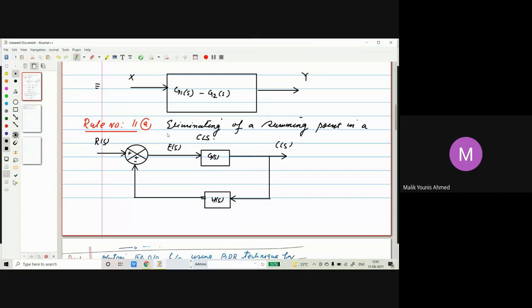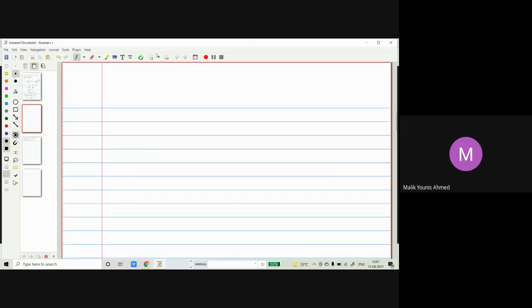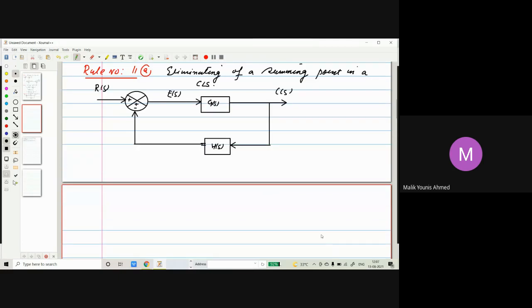Let's see how we can do this. Add a page here. Have a look here. Now this is a closed loop system, so we can write from the above block diagram.